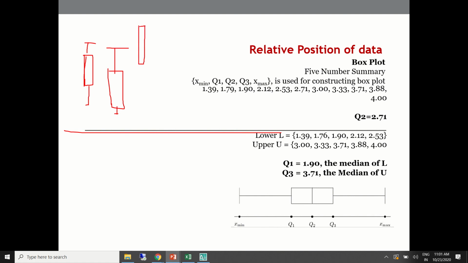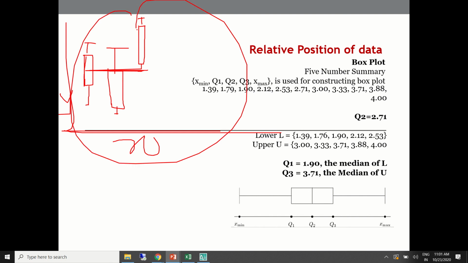So what does this mean? This is x and y. What does it mean and how do we calculate this plot? How do we construct this box plot? For the same grades, we are able to calculate the values.